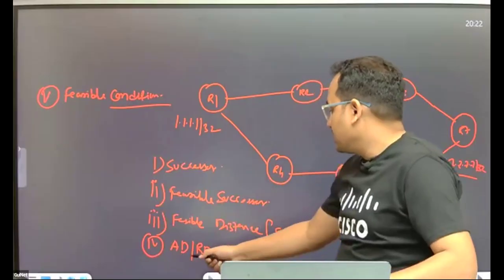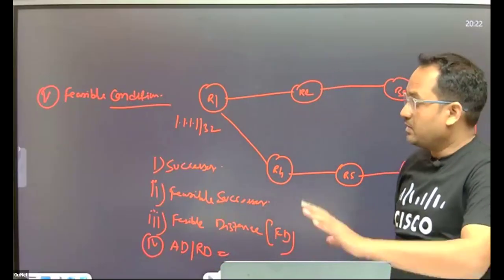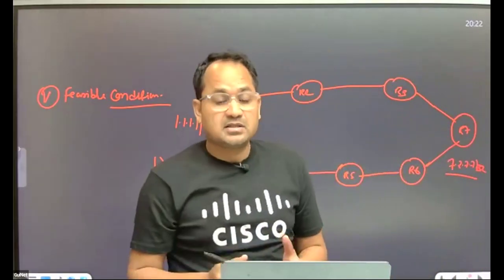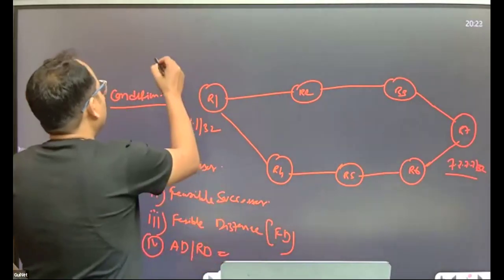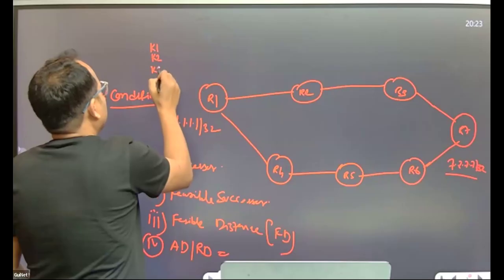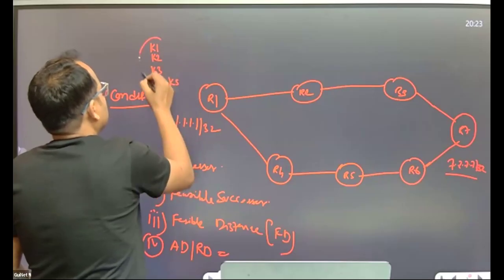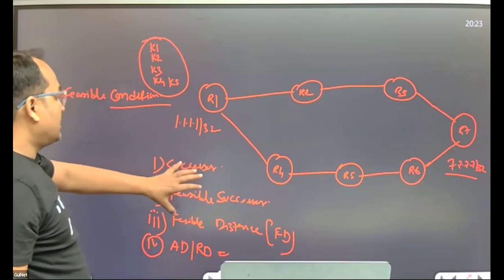What is my reported distance and advertised distance? And what is my feasible condition? We have to understand. As we discussed, EIGRP basically uses the composite metric, and this composite metric is based on K1, K2, K3, K4 and the K5 value, which we'll discuss later on, how it is going to happen. But for the time being, let's understand the successor.